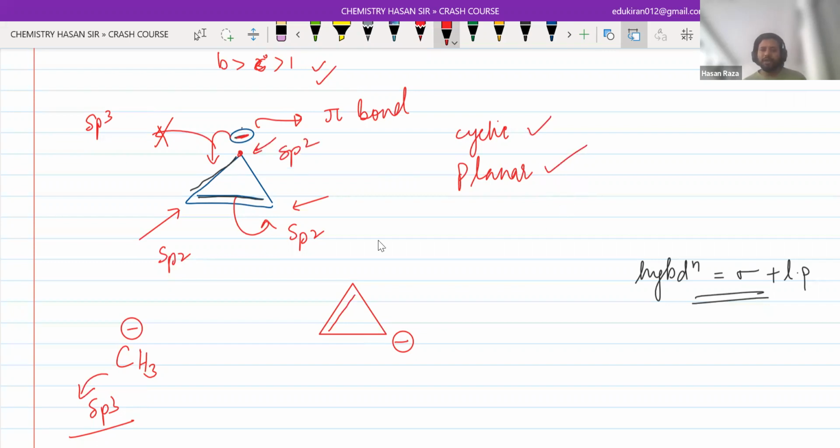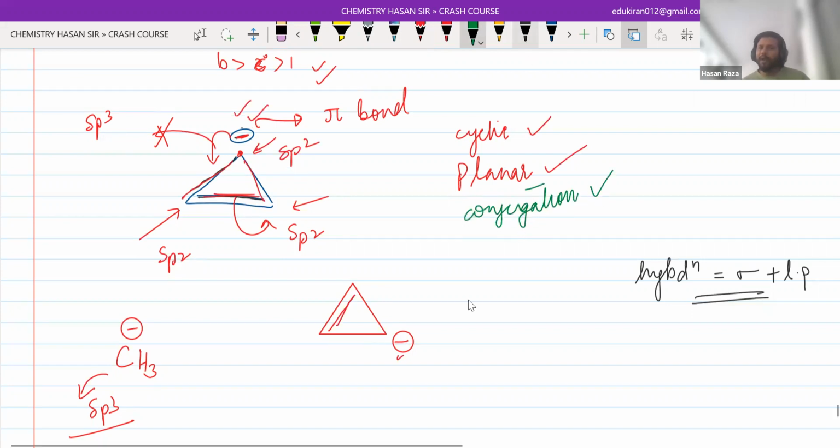Then come for conjugation. You can see it is conjugation pi, sigma, negative charge. You can also take it like this, pi, sigma, negative charge. That means conjugation is also there. Then you count the number of pi electrons. 1 pi bond is there, that means 2 pi electron.